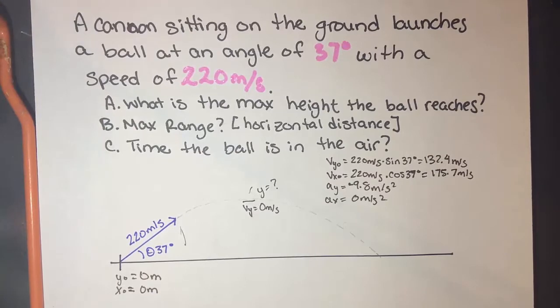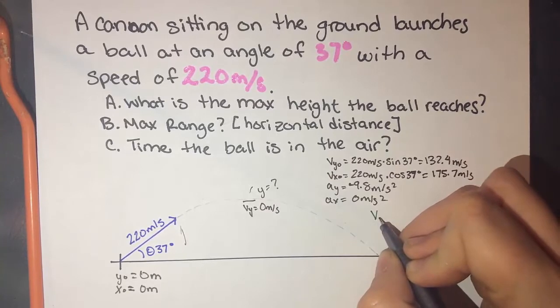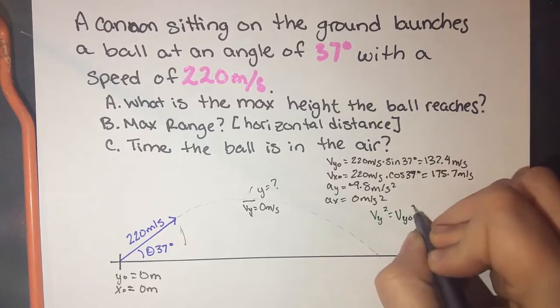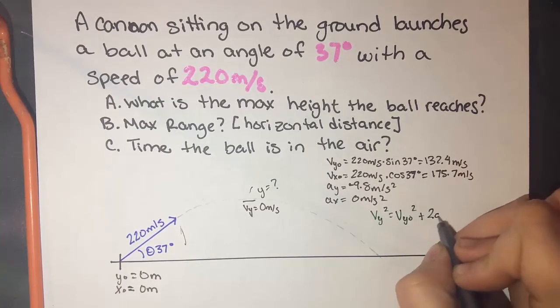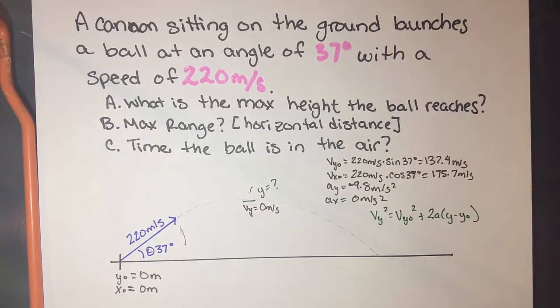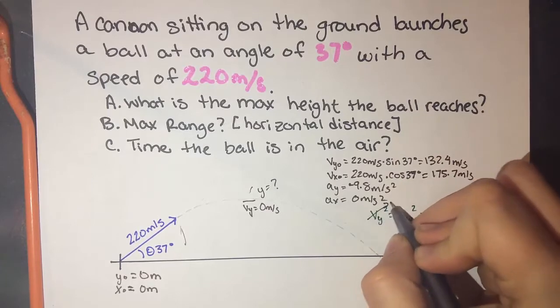So we are then able to pick an equation. You will need to note that at this particular point we don't have time, so we are not able to pick the equation with time in it. So we're going to go to this one. Because we know that this term is 0, we're able to zero that out.